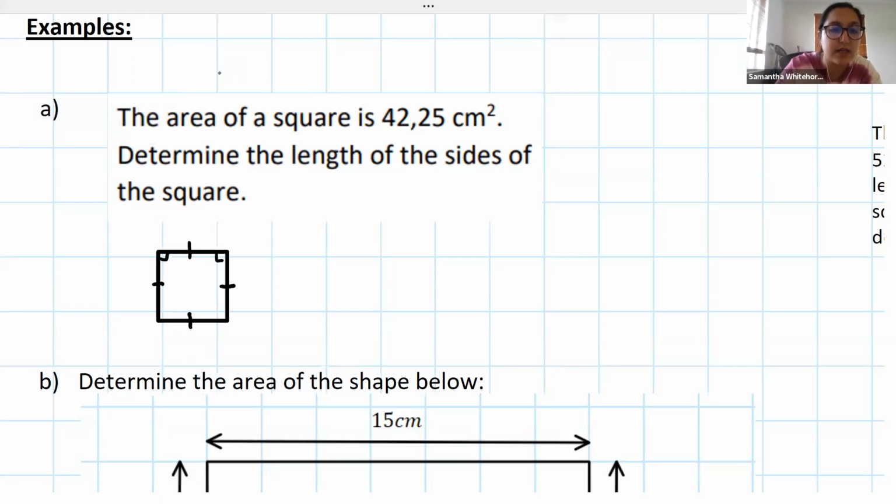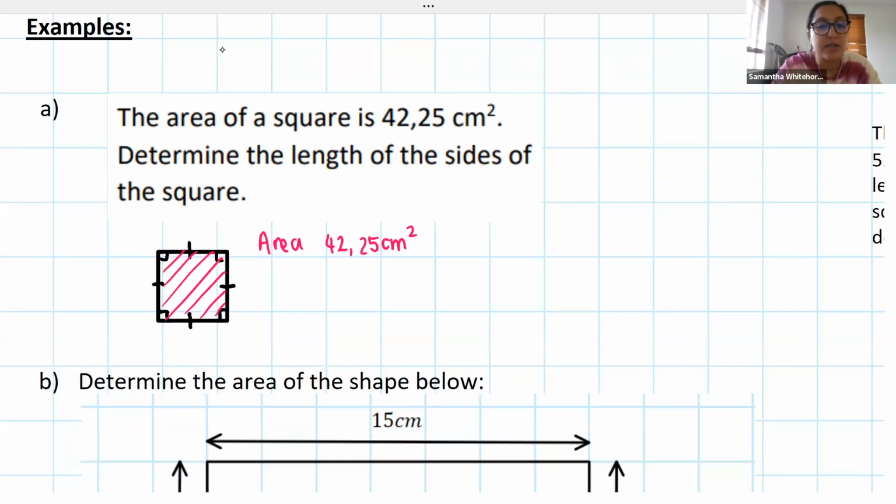Obviously, I also have my 90-degree angles here, but we don't really care about angles when it comes to area. We care more about the fact that those sides are all the same length. We have been told what the area is: the amount of space that this shape takes up is 42,25 centimeters squared.